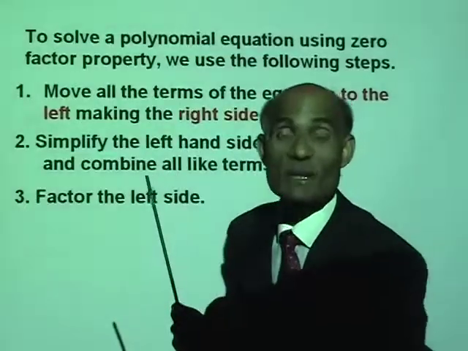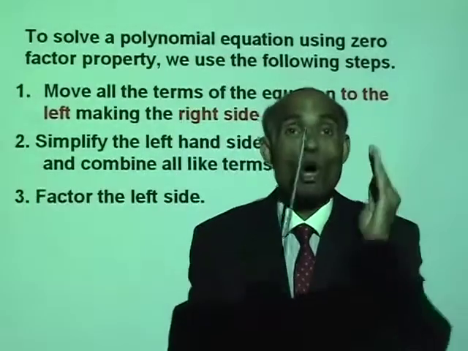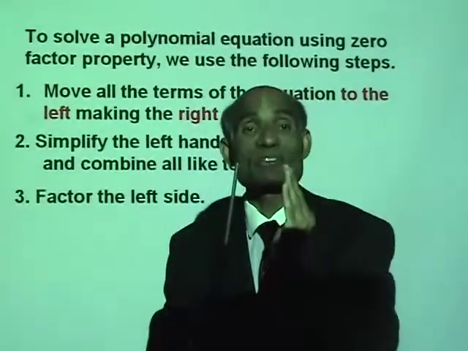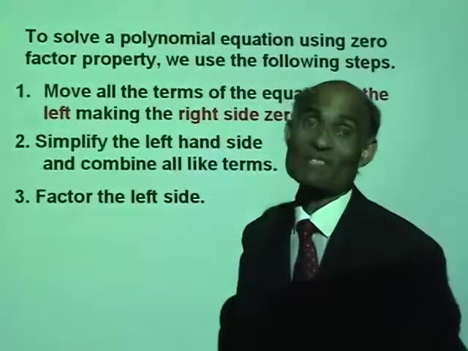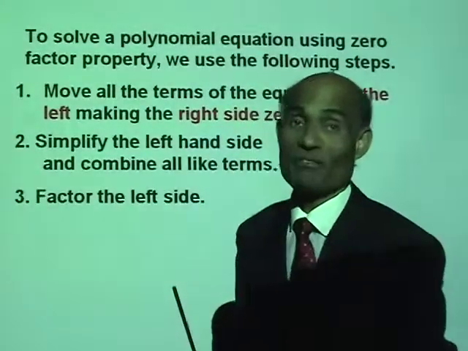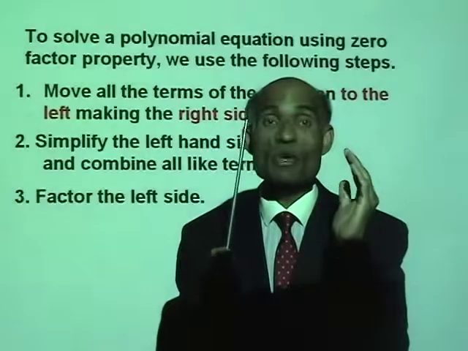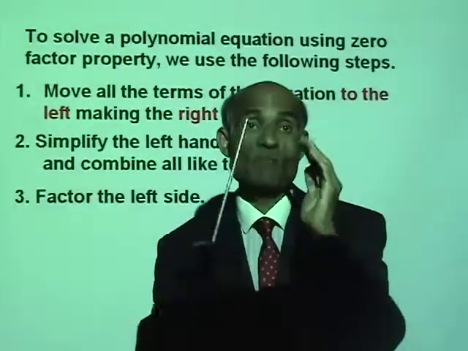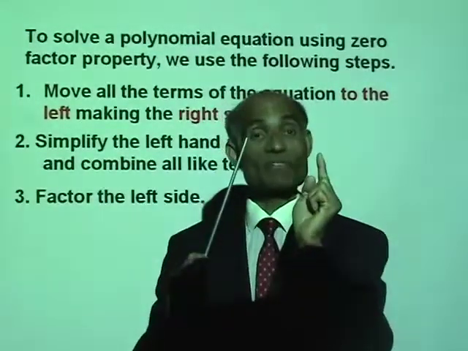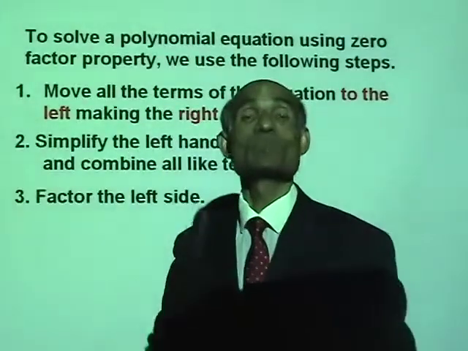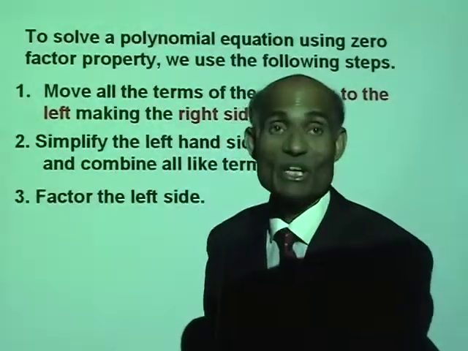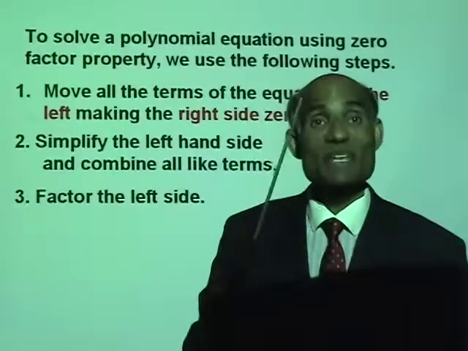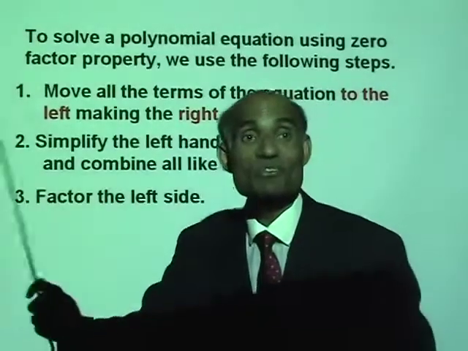The left side must be the product of some factors. Factor the left side. And now what do you have? The equation now looks like the product of some factors on the left and the right side equal to 0. And the next step is you set each factor to 0.